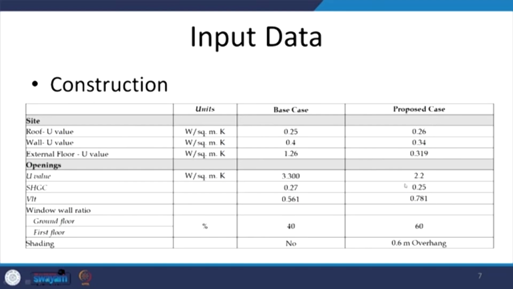However, despite using the better glass, or to compensate for the improvement in the glass, we are taking a new case, a proposal where the window wall ratio will be increased from 40% to 60%.